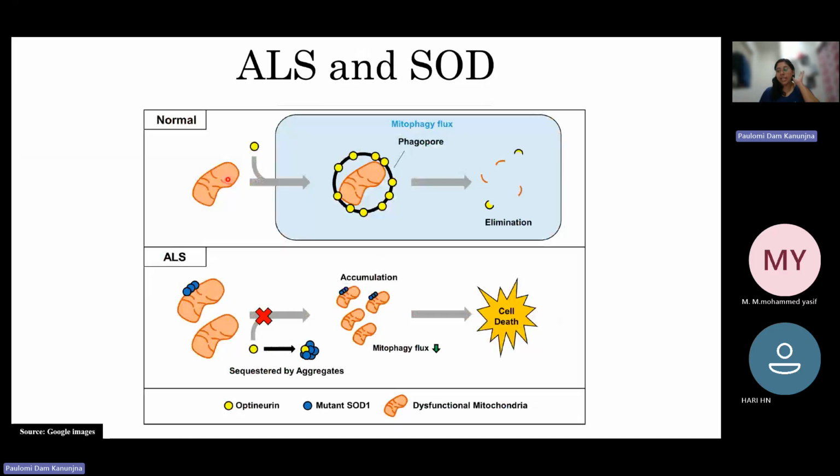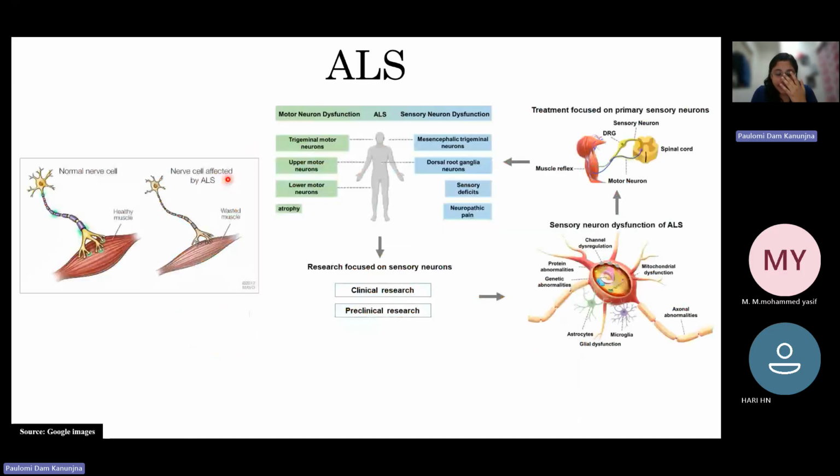Okay, so this is ALS. ALS, as I told you, is amyotrophic lateral sclerosis, right? Sclerosis means hardening of your muscles, and that's because your motor neurons are getting affected. This is a progressive neurodegenerative disorder, like all the other disorders we have been discussing. What all gets affected?